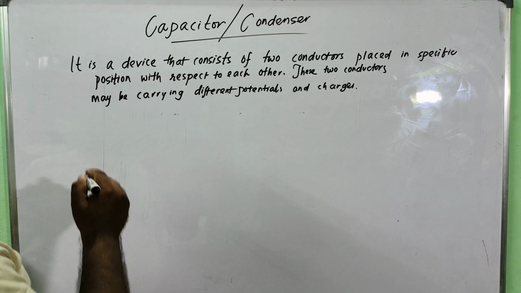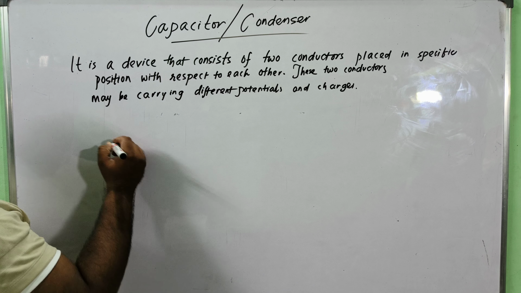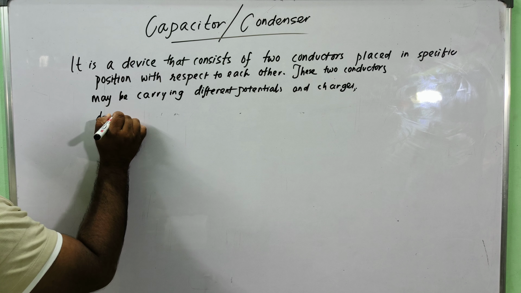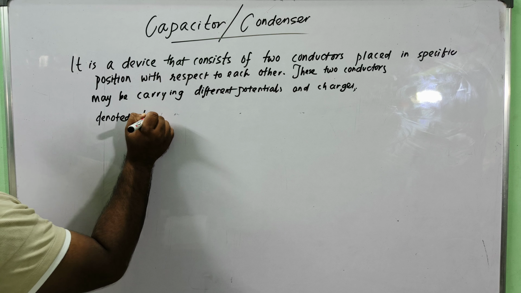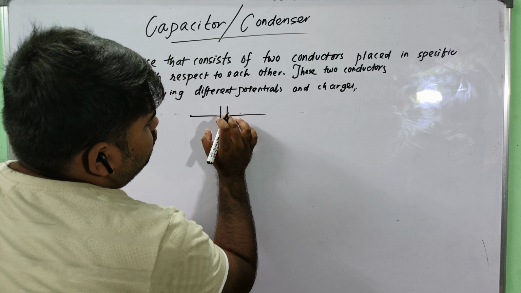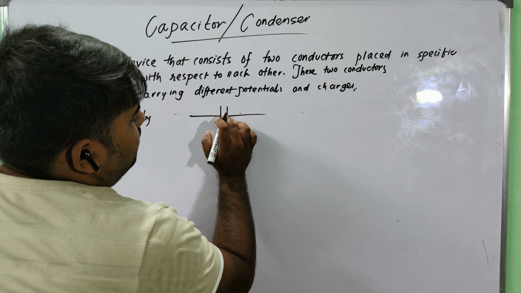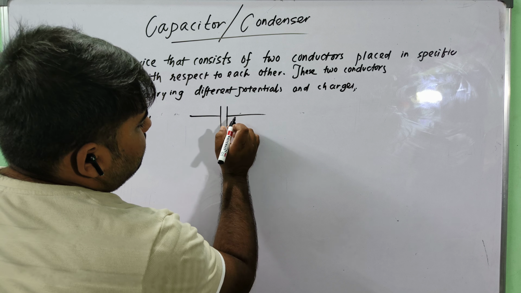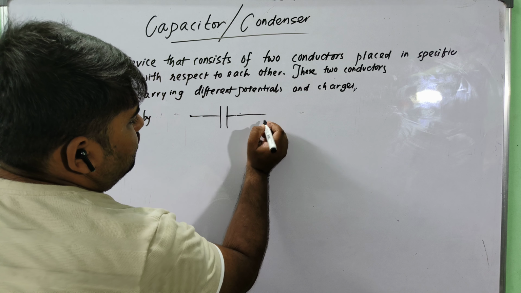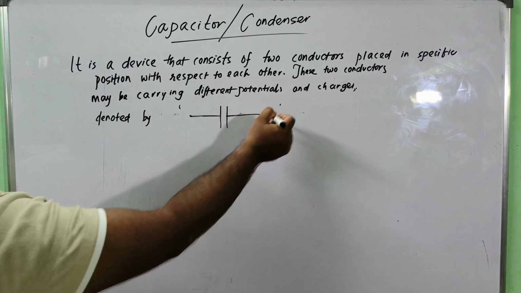It is denoted by two straight parallel lines, and these are the connecting wires. This is a capacitor, denoted by this symbol.